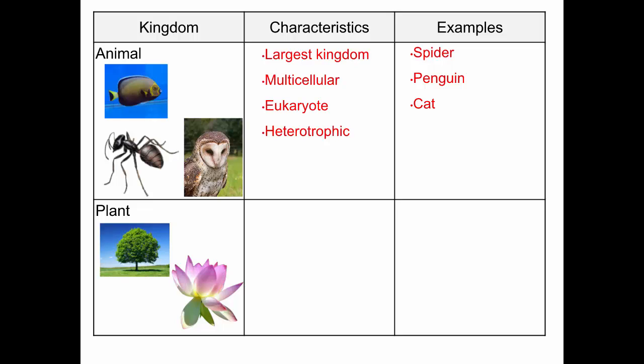Autotroph. So plants are multicellular, eukaryote, and autotroph. So obviously plants are lots of things we're familiar with, trees or corn, flowers, apples, all sorts of different things.